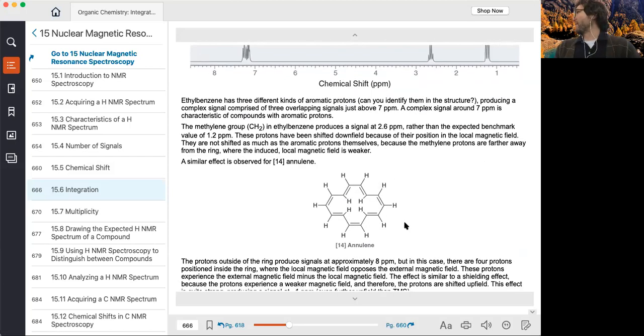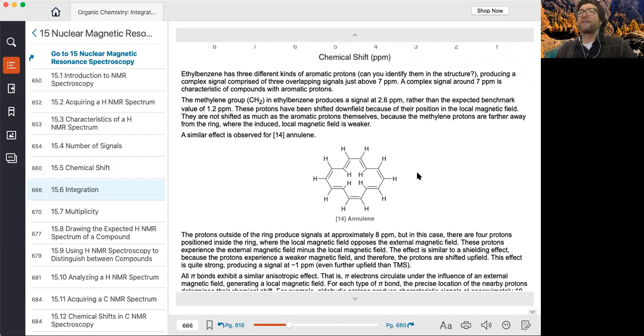One fun little tidbit is that if you can somehow put protons in the middle of the ring, such as in this 14 carbon ringed annulene, where the outside is completely aromatic, just like in a regular benzene, each of these 4 inner protons has a very upfield shift to -1, even more upfield than TMS, while the outside of the ring has a shift that is around 8 ppm.